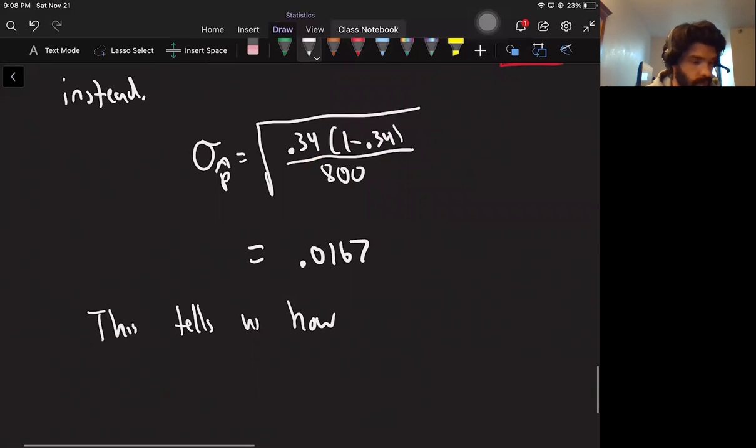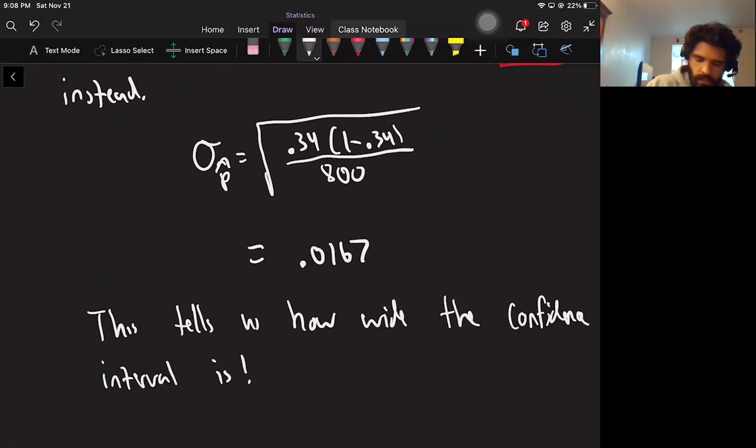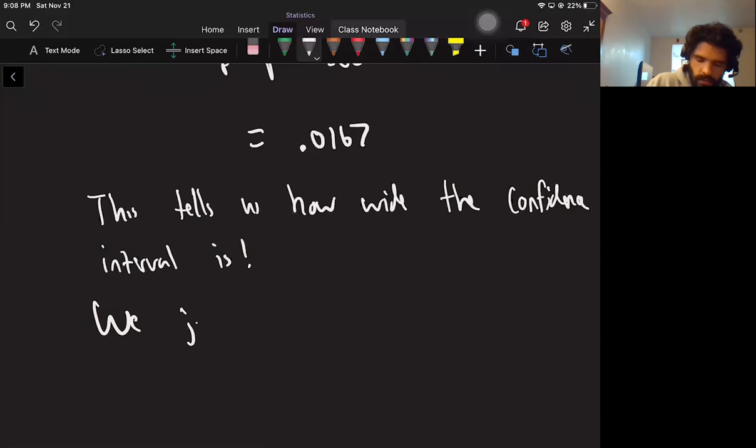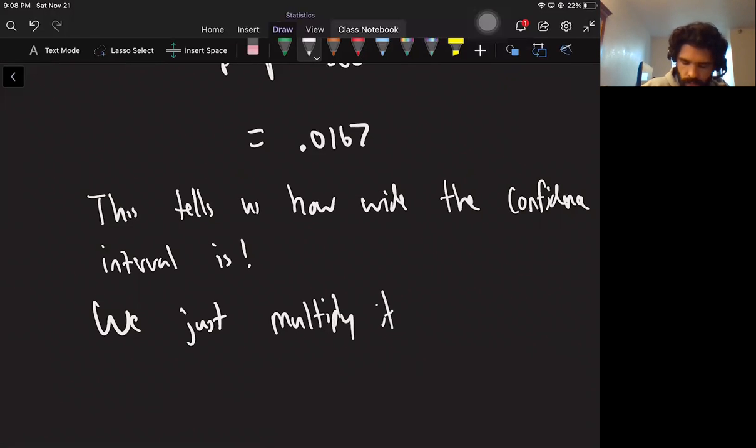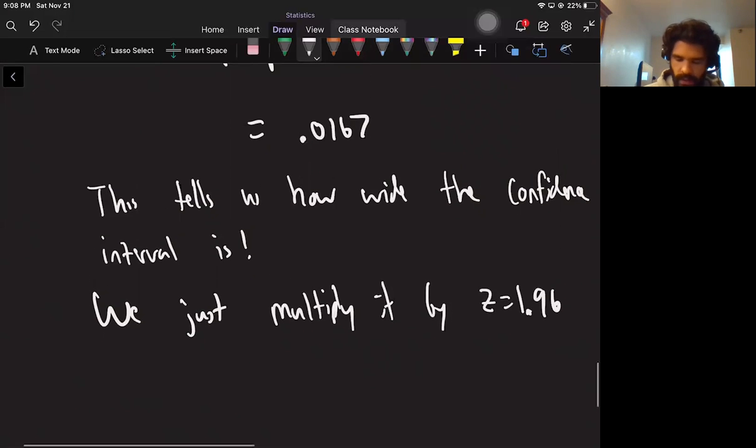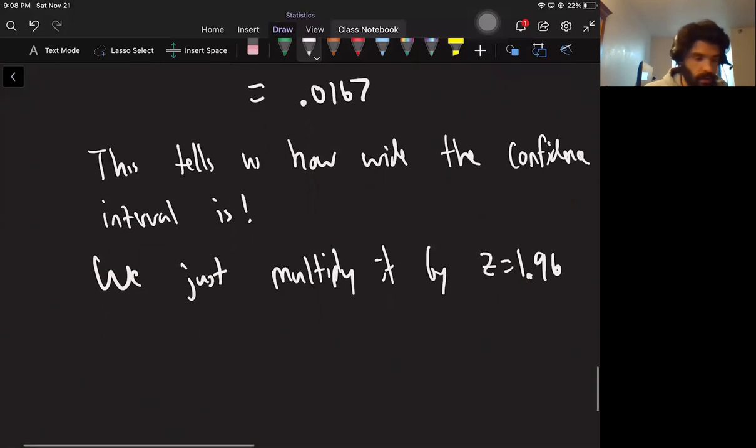So we just need to multiply it by that critical value that we had. So the z-score is the amount of standard deviations out that you go, and now we know the size of the standard deviation.